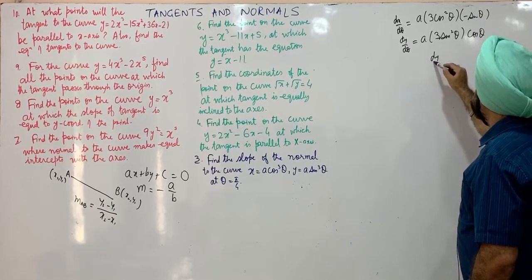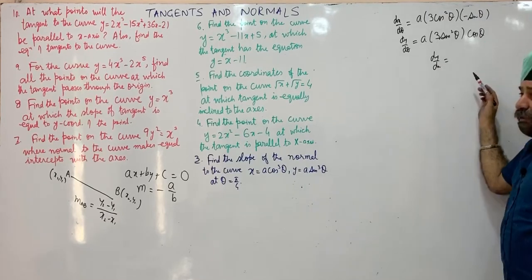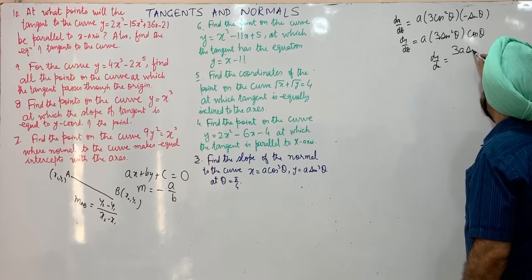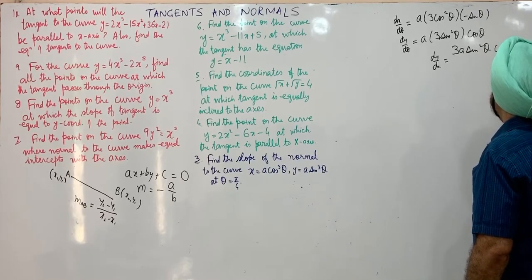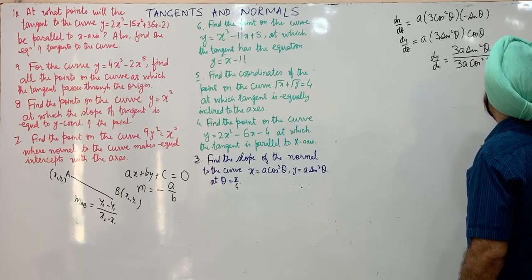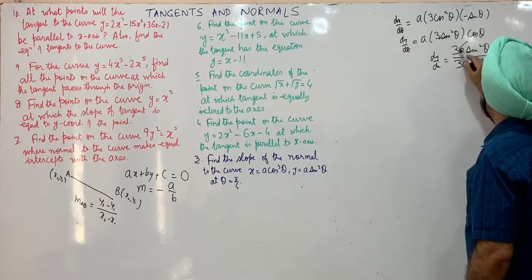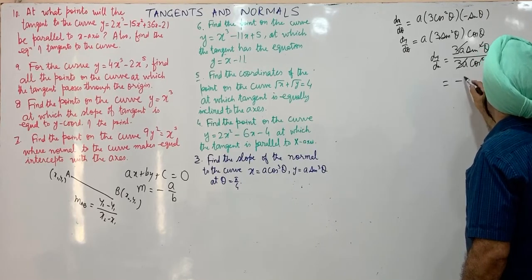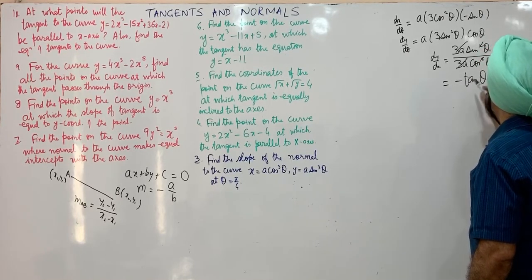And what gives us dy/dx? It's this upon this: 3a sin²θ cos θ upon 3a cos²θ into -sin θ. We are left with -tan θ.